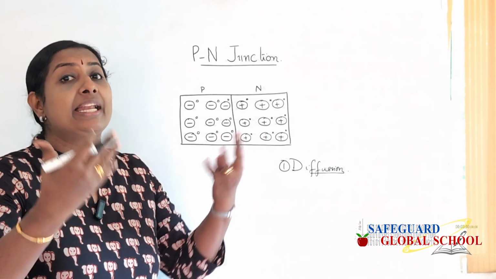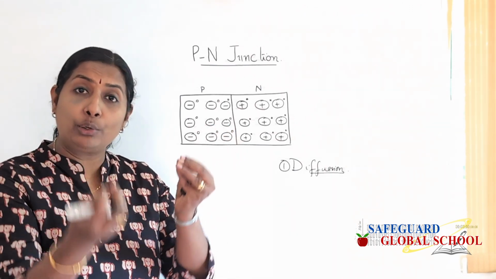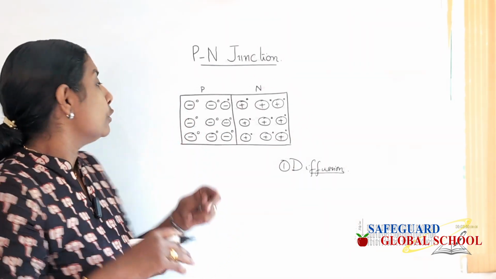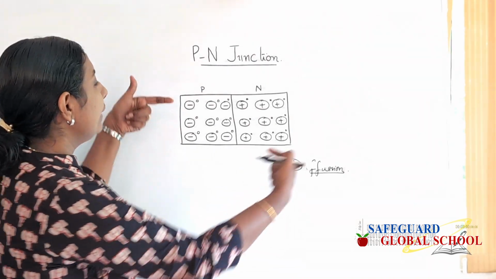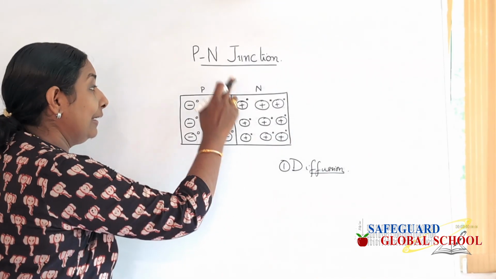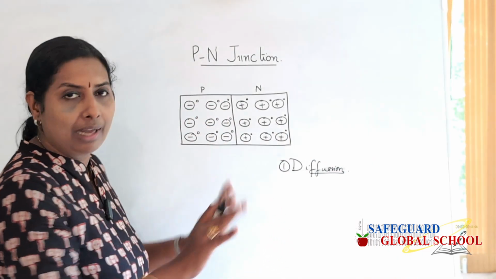That is what is meant by generation. During their random movement, an electron can move into a hole and there is recombination. So these are the two basic processes with electrons and holes. When they try to move across this junction, there is a chance of an electron moving into a hole and they get neutralized.